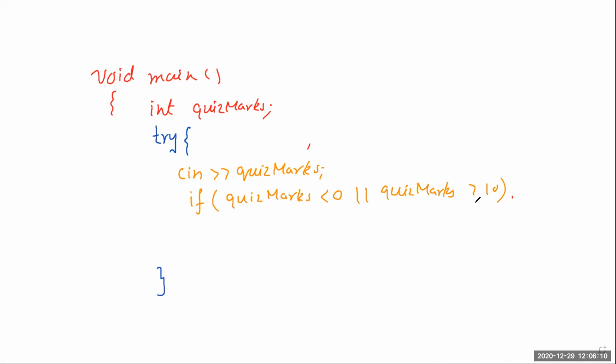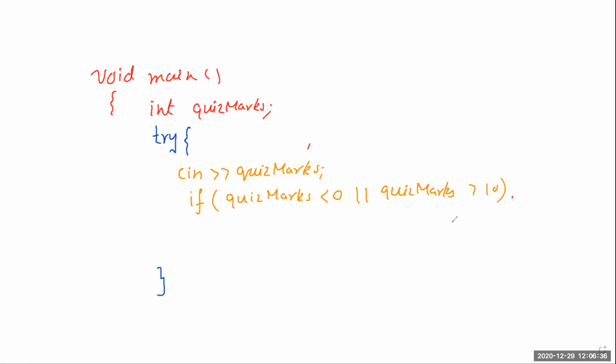So now if this if condition is true, it means there is an error, it means there is an exception. And now is the time that you will be using your second keyword, which is throw. Whenever there is an error, you will use the keyword throw. And how do you know there is an error? You will use the if condition.